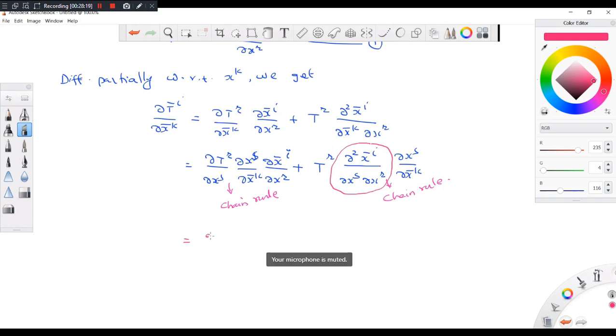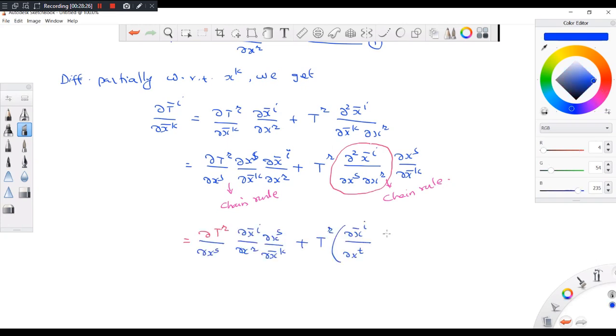So this will be del x bar i by del xt gamma trs minus gamma bar i tl. Dummy indices you can change according to your will.